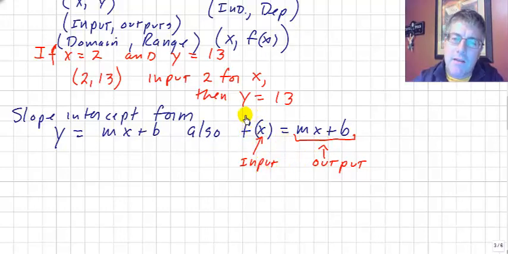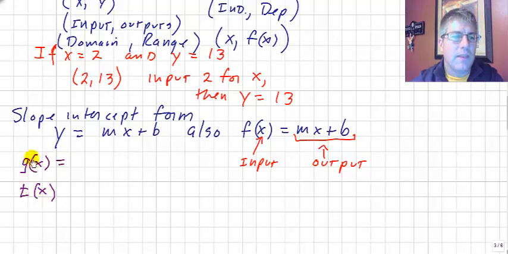Now, not every function is f of x. Really, the f is the most common that we use. But don't be thrown if you see g of x equals, or t of x equals. That's just the name of our function. Our function is named g. Our function is named t. And then x is the variable that's in that function.